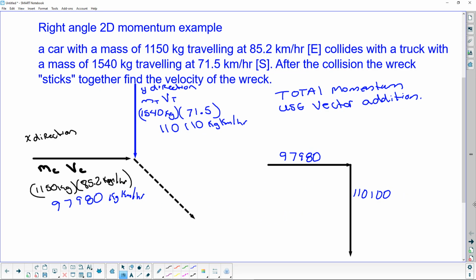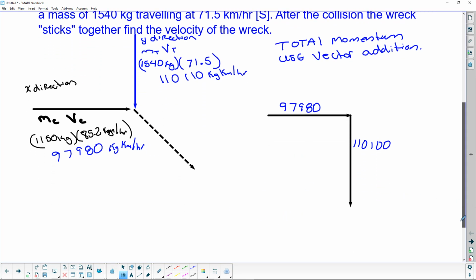Then we can get our total momentum before. We just go this one squared plus that one squared. It's a right triangle. This will be our R.